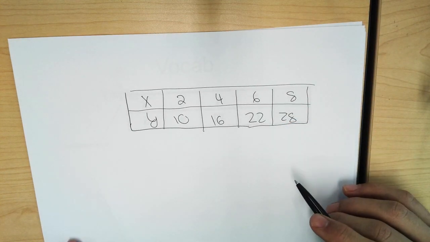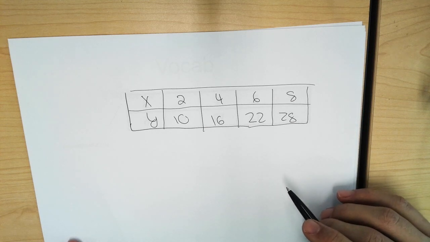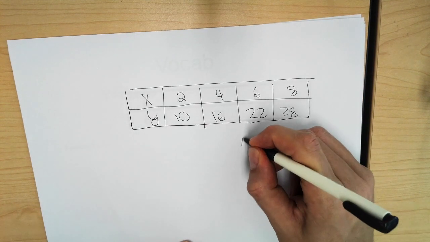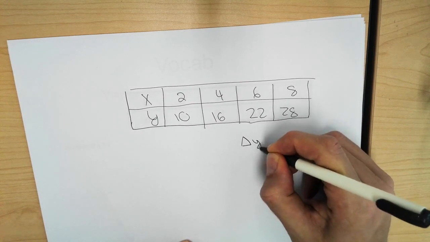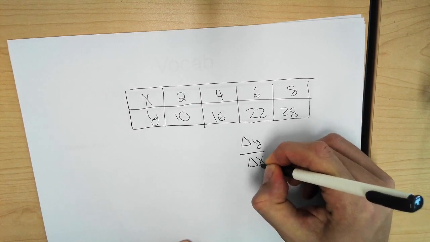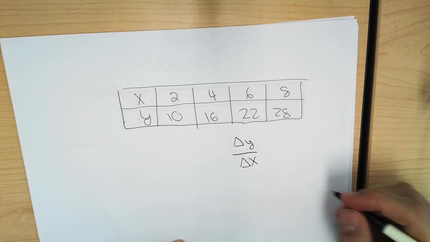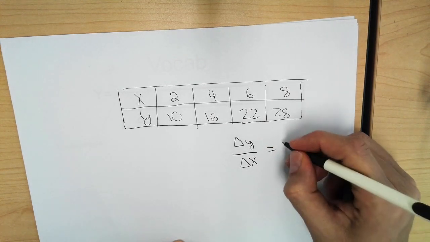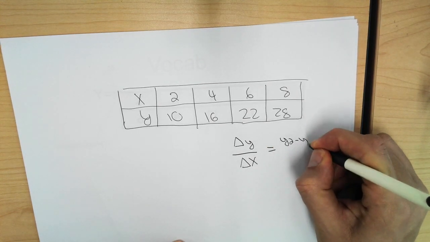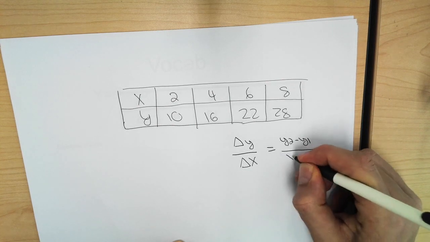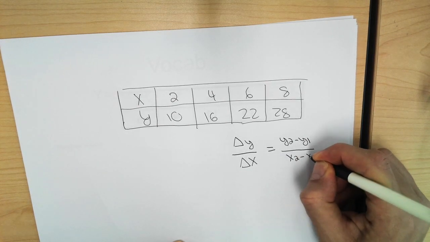Before we do that, we need to determine what the rate of change is for our table. The rate of change is the change in y over the change in x. The change in y over the change in x is equal to y2 minus y1 over x2 minus x1.